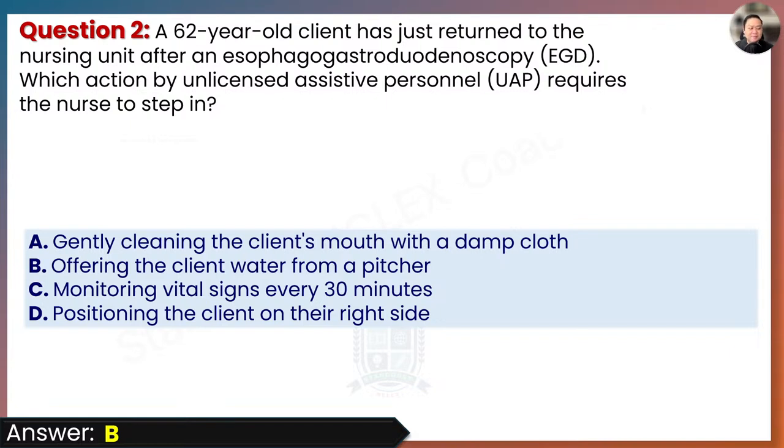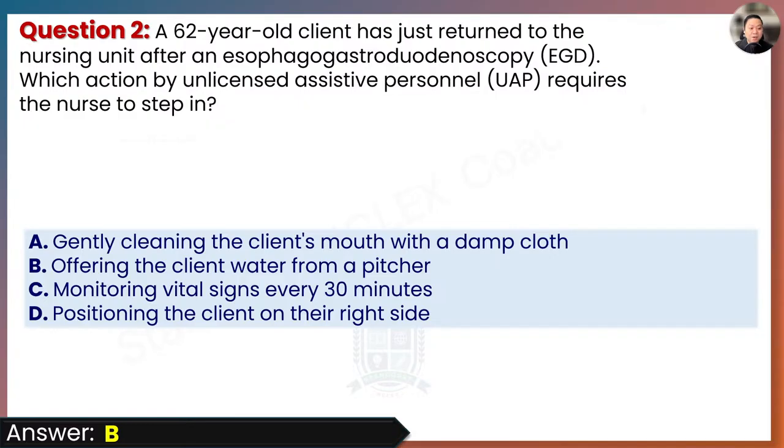Why is letter A not the answer? Well, of course, this is a safe, appropriate task for the unlicensed assistive personnel. And this is going to help the patient feel more comfortable after the procedure. And it doesn't really pose a risk to the patient. So eliminate this one. Same thing with letter C. Monitoring vital signs every 30 minutes is also an essential intervention, especially right after this kind of procedure, to check for any complications such as bleeding or any changes in the blood pressure.